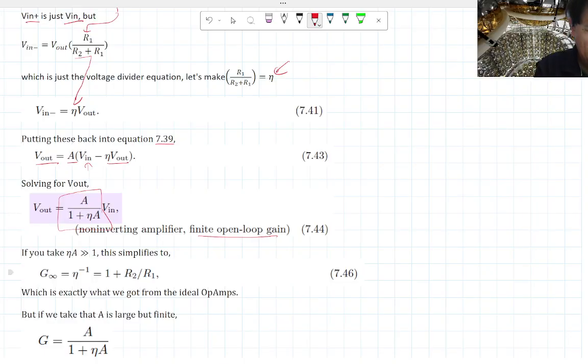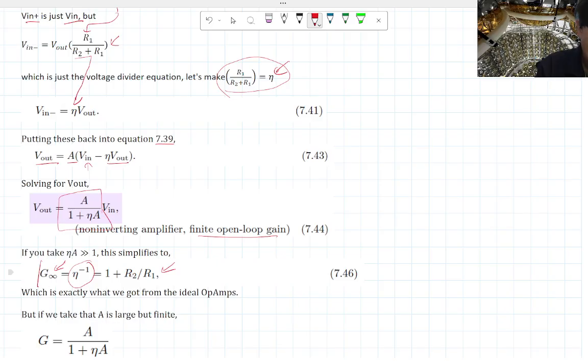What happens is that in this limit the A disappears, and the gain is just the inverse of eta. And if you invert eta here, you're going to get 1 plus R2 over R1, which is exactly what you expect for the non-inverting amplifier.